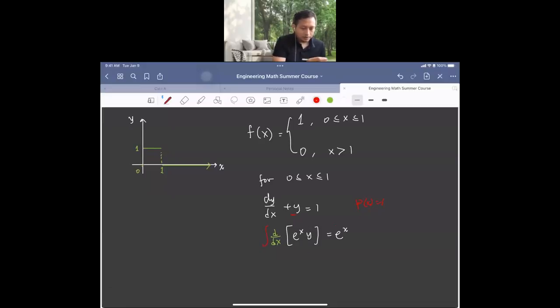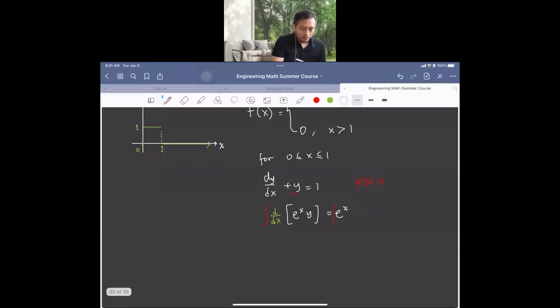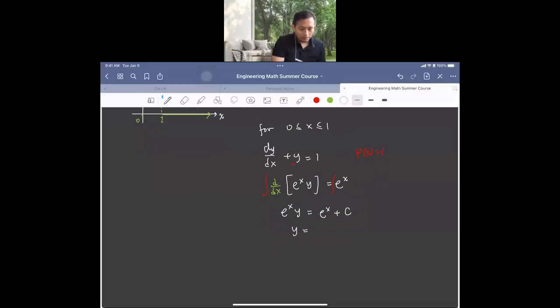Okay, we multiply by the integrating factor, and then integrate: e to the x times y equals e to the x plus c. And this becomes y equals 1 plus c e to the negative x, right? And then we have the initial value that y of 0 is 0.